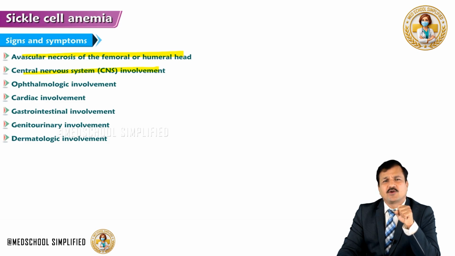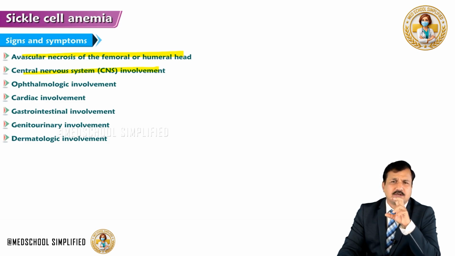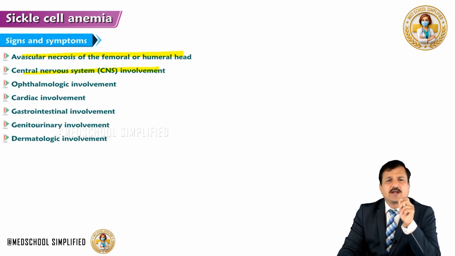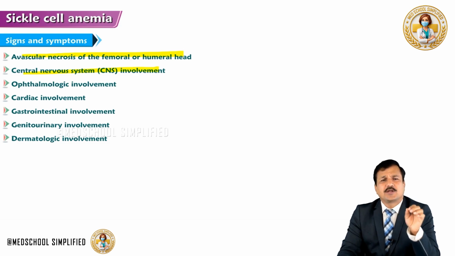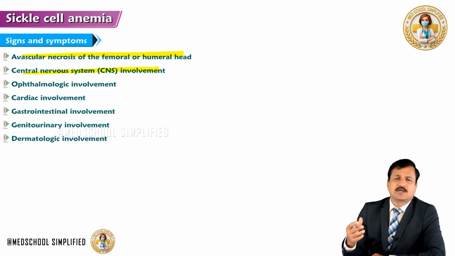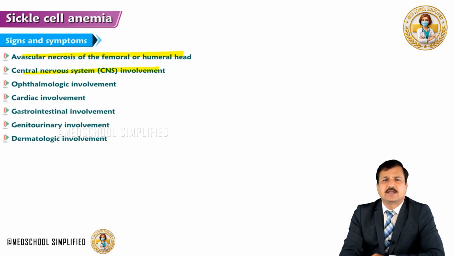And genitourinary involvement is like kidneys lose concentrating capacity because of microvascular occlusion. Priapism is a well-recognized complication of sickle cell anemia also. And the dermatological involvement includes leg ulcers. So these are some of the signs that are seen in sickle cell anemia patients.